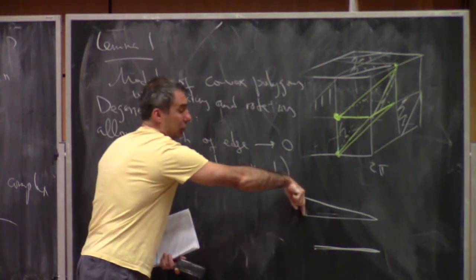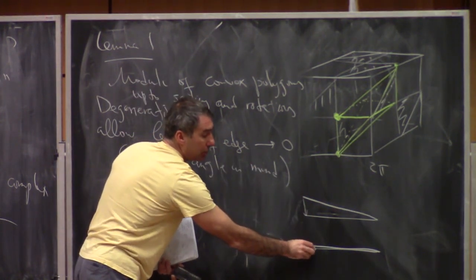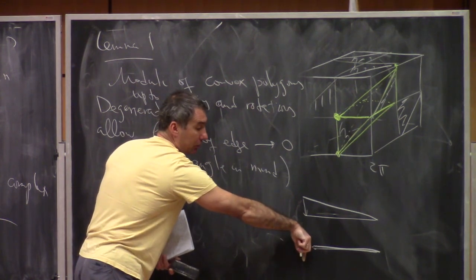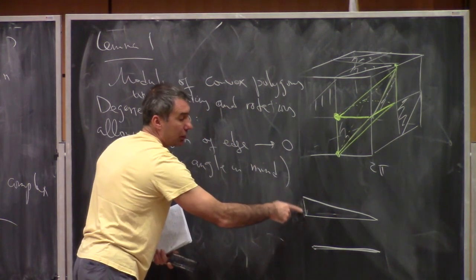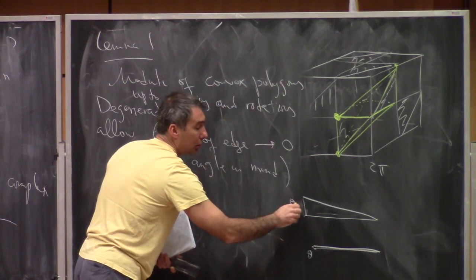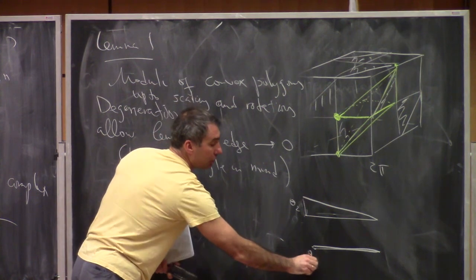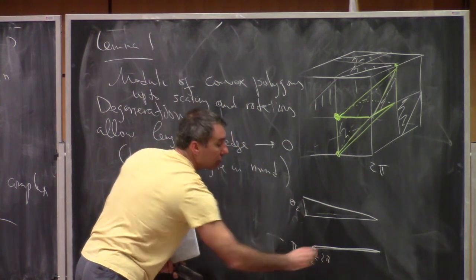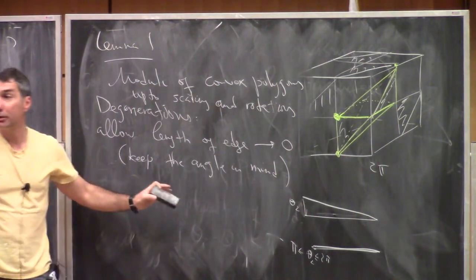So the direction of this edge may be very horizontal, maybe sort of vertical, but the direction theta 2 is between phi and 2 pi. Does that make sense?